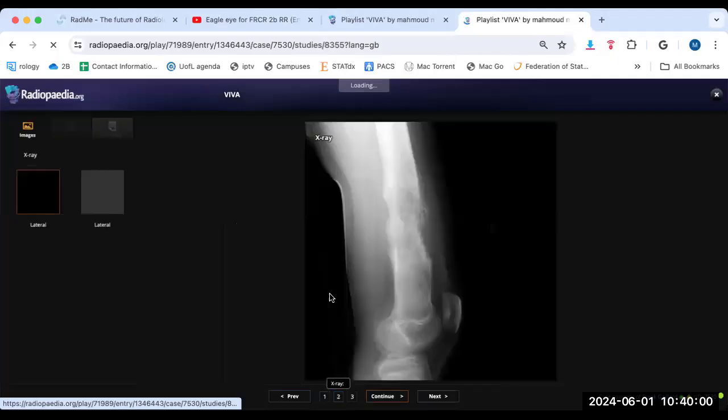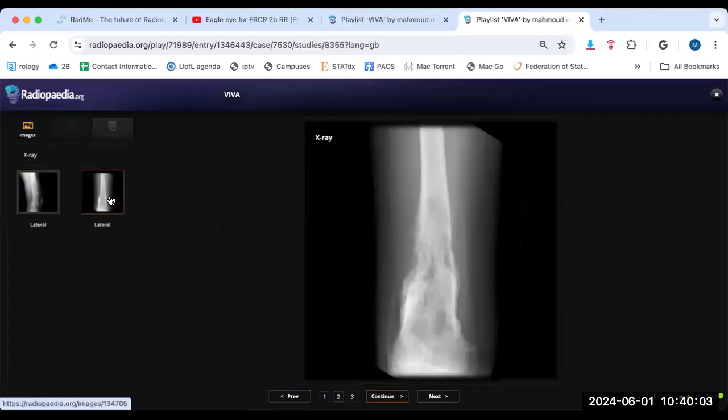This patient has thigh pain. I am presented with a distal femoral radiograph of a 13 year old patient.